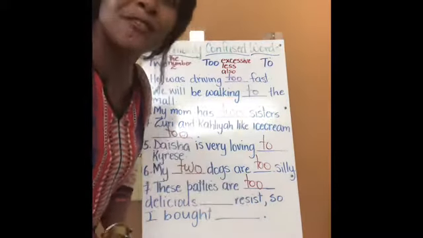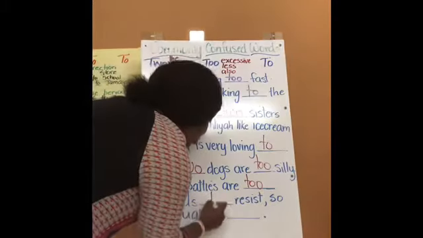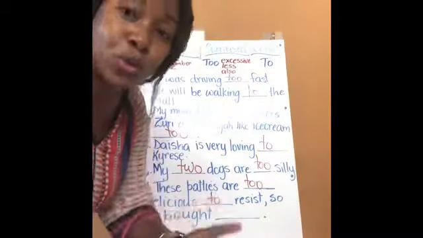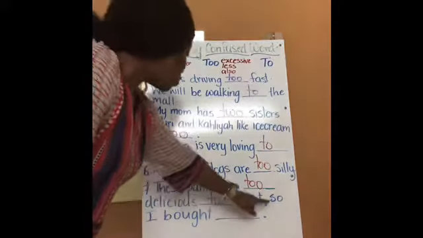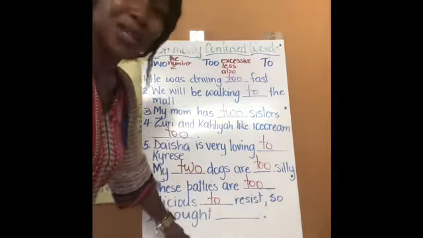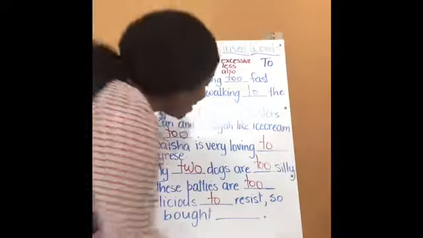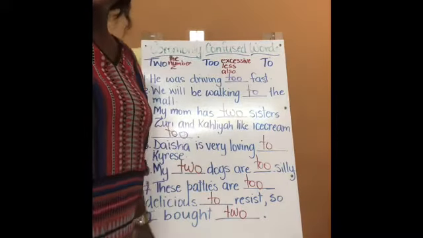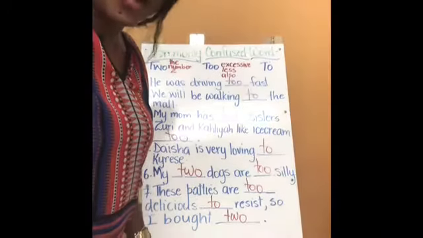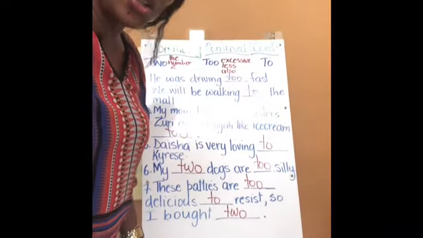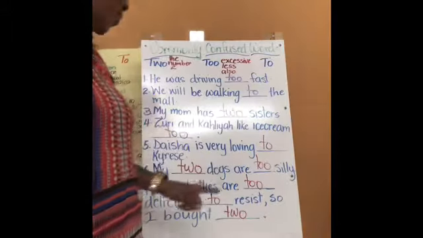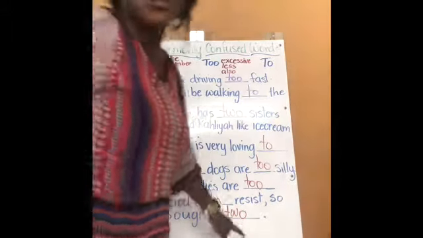Resist is a verb, so I need TO as the first part of the infinitive. To resist. So I bought, how many did I buy? T-W-O. So these patties are too delicious to resist, so I bought 2.